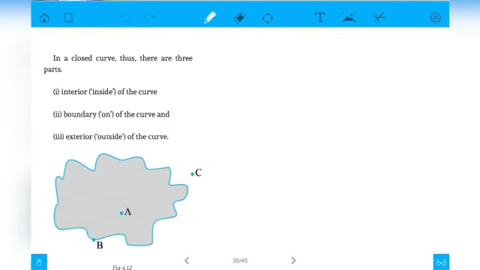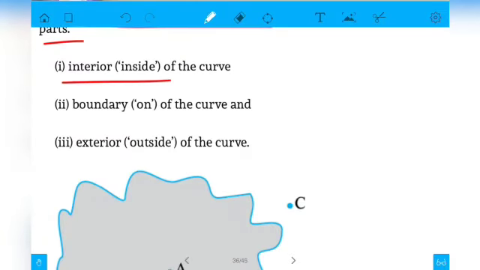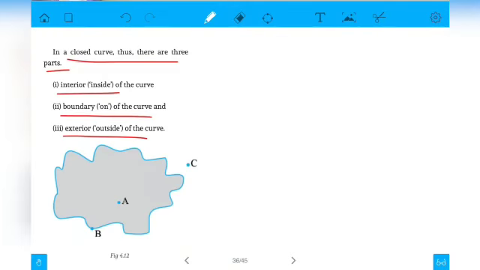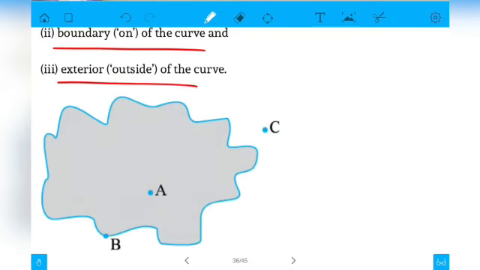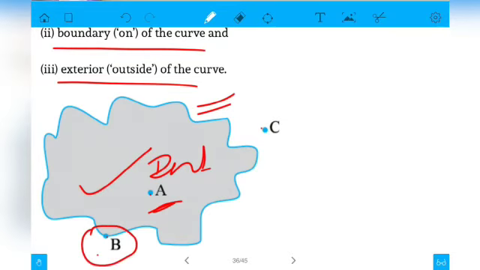In a closed curve there are 3 parts. The first is interior, the second is boundary, that is on, and the third is exterior. So what are interior, exterior and boundary? If we have any curve like this, you will see there are 3 points, point A, point B and point C. The point which is inside the curve you will call an interior point, and the point which is on the curve you will call a boundary point, or on the boundary.